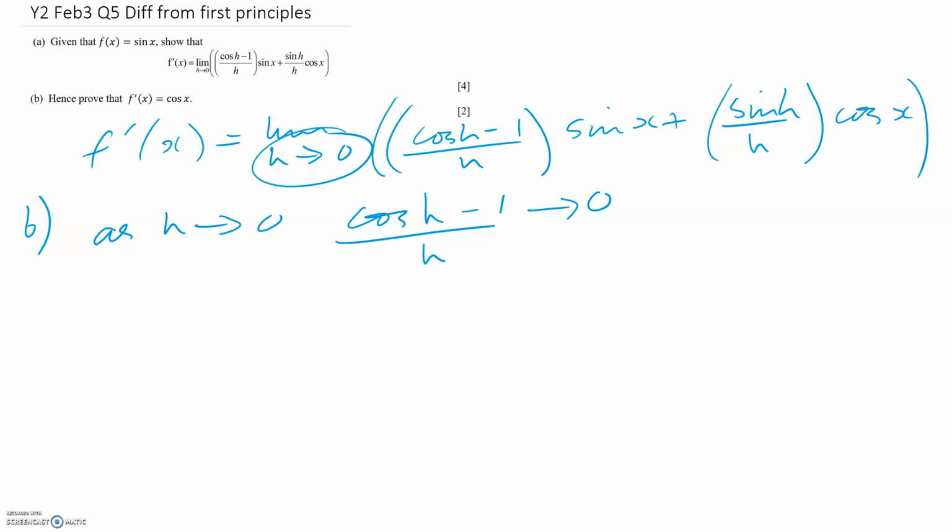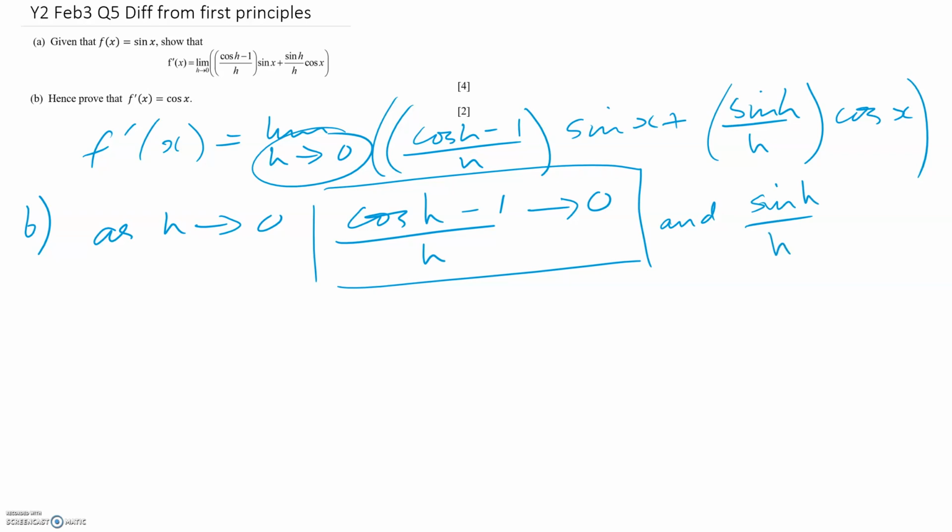Later on, I'll explain using the small angle approximation why this is true, that this will tend towards 0. In a similar way, as h goes towards 0, sine h over h will tend towards 1 as h tends towards 0.